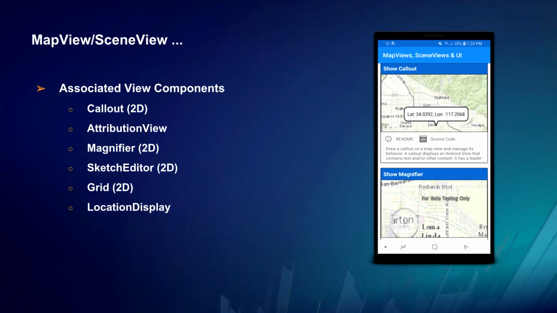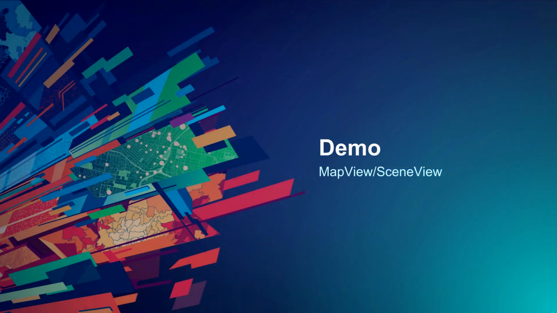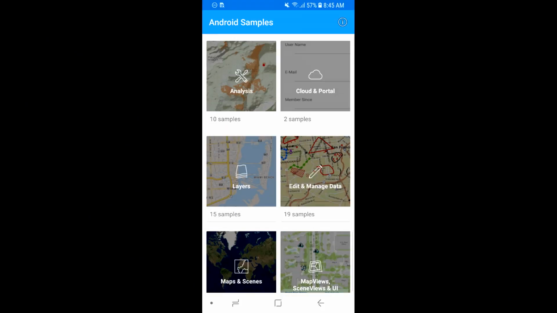And then, as I mentioned, there are other view components associated with the map view, like the callout, attribution or magnifier, 2D grid or location display. If you want to have your app support the GPS of the device, you can use the location display for that. With that, let's see the sample viewer and some of the demos for some of these components that I just mentioned.